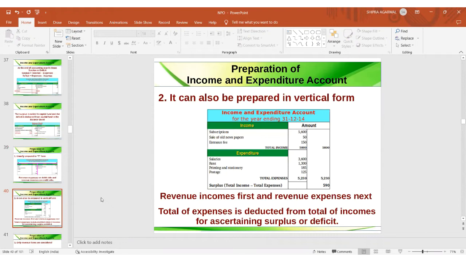When we are talking about the vertical format, you have to write your incomes first. Then after writing the incomes, you do the total. Then you write the expenditures. And after writing the expenditure, you calculate your surplus or deficit.